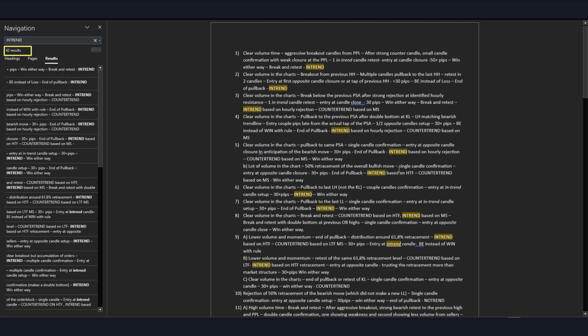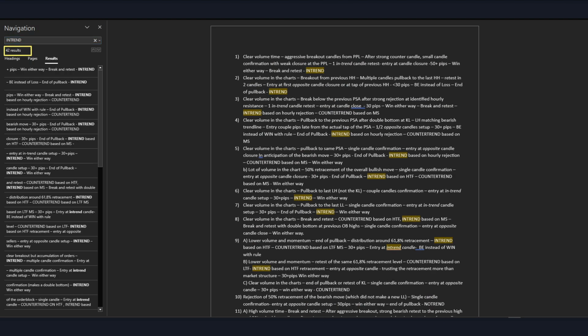So I'm going to try to highlight when it is in trend on the lower time frame, compared to maybe counter trend on the lower time frame but in trend on the high time frame.